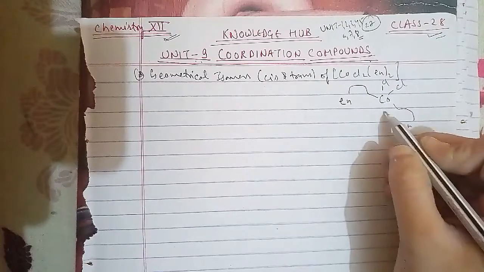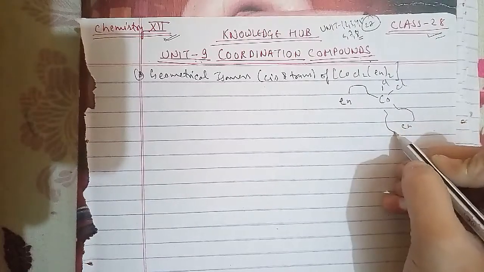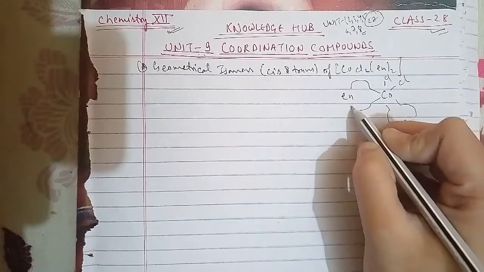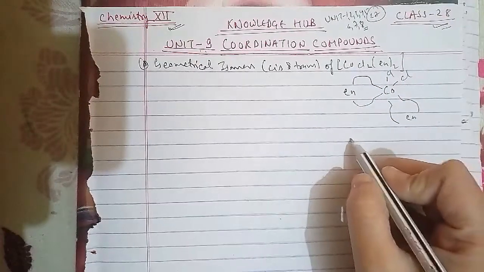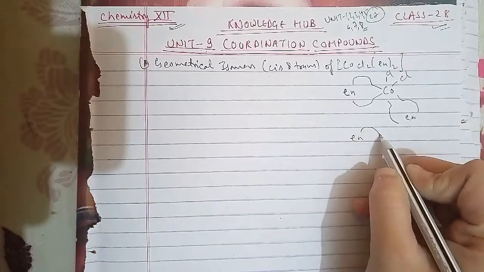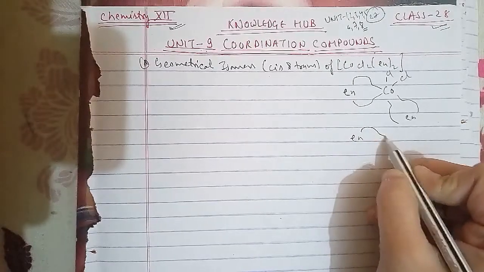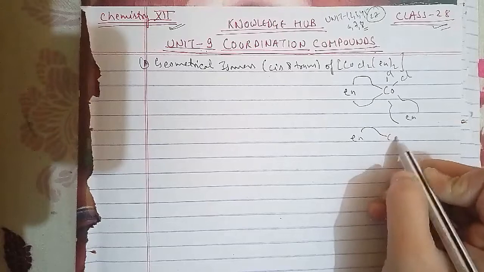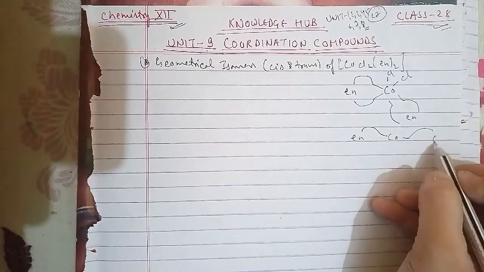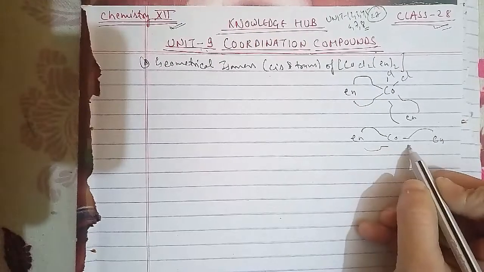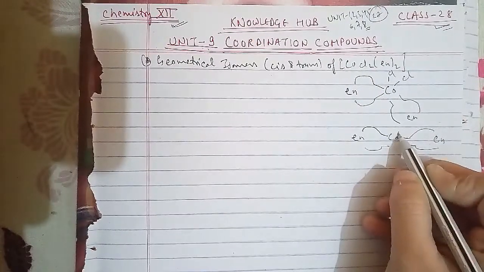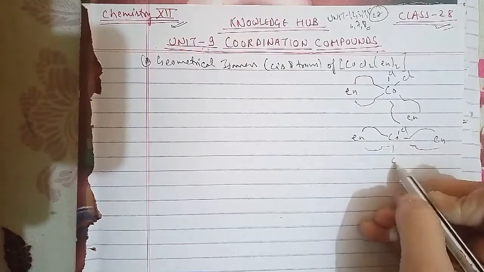So here is en, then the shifting of Cl, we had shifted that only. Here is en, and there will be en here as well. Then one Cl is here, one Cl is here. This is for the CoCl2(en)2 that we have represented here.